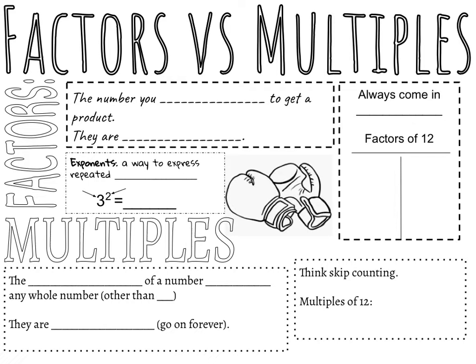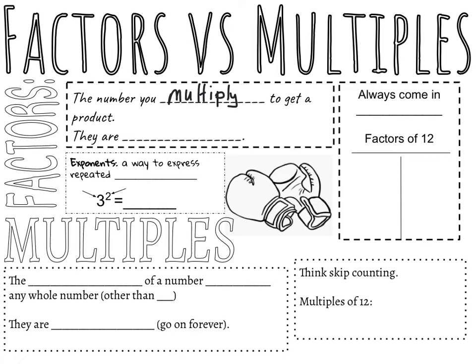Factors are the numbers you multiply to get a product. So basically, you have two factors working together that you multiply and then they give you some sort of answer.